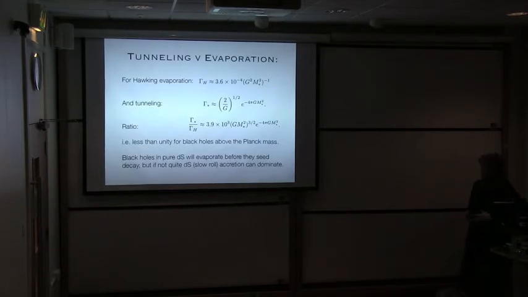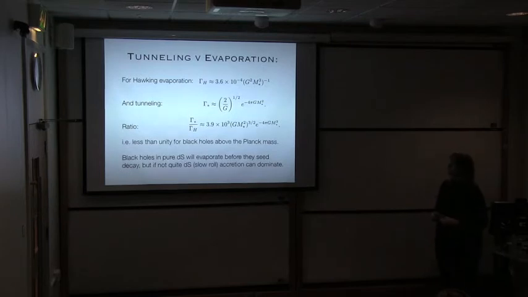One of the things you might worry about if you're getting down to very small mass black holes is what happens. Are they really going to nucleate vacuum decay, or are they just going to evaporate? So we tried to estimate this by looking at the evaporation rate for a black hole versus the tunneling rate for one of these static black holes.